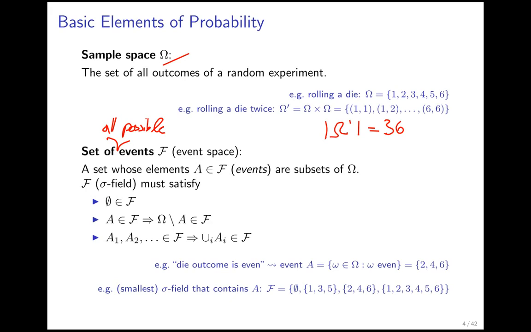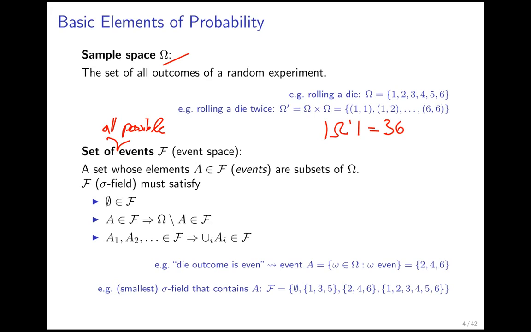And now the smallest sigma field that contains this particular event that the die outcome is even is the one that is depicted here, the one with the empty set, with the full set, with the event that we have, and the counter event. So let's quickly check the axioms. We have to have that the empty set is in F. Well, that's true.